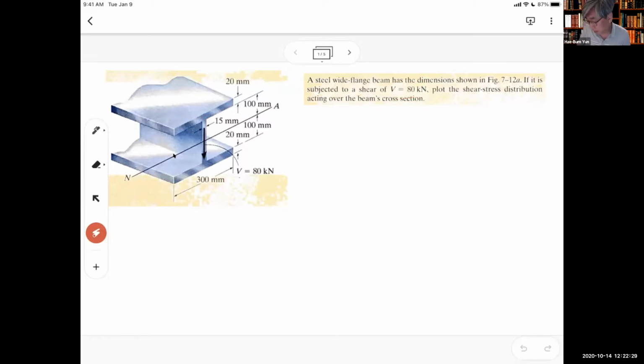Another, more general case you can expect is if, for example, this is a simple beam like that, you can calculate the shear stress from the shear force from the shear force diagram, right?